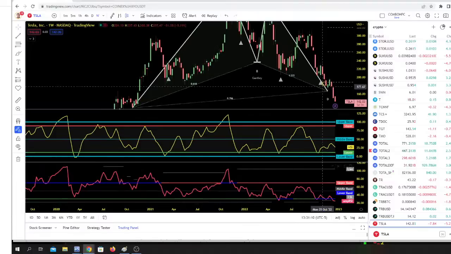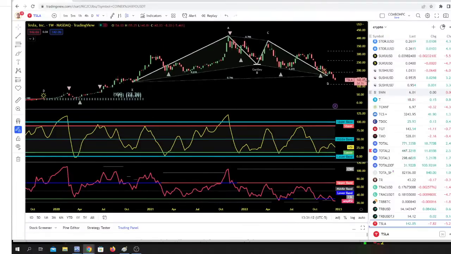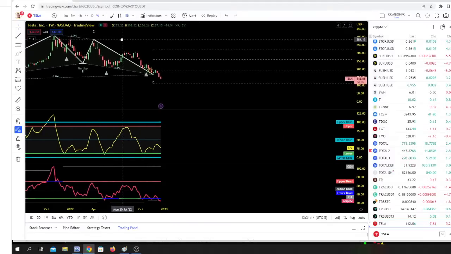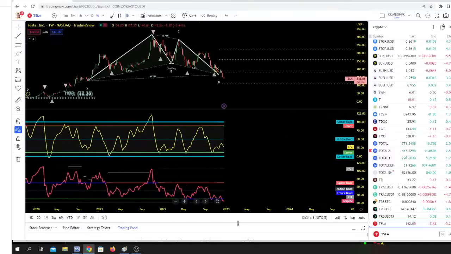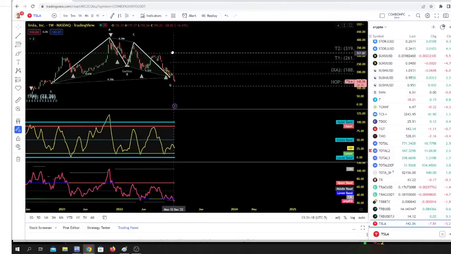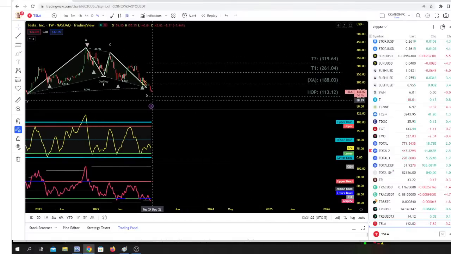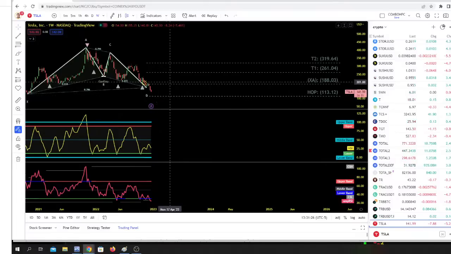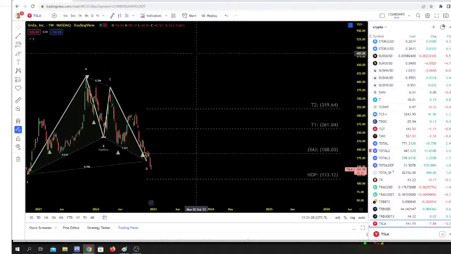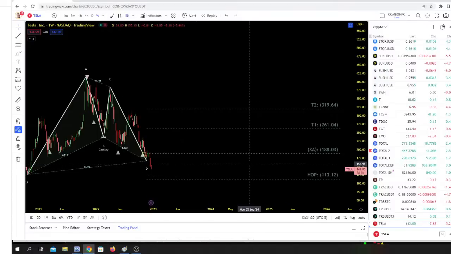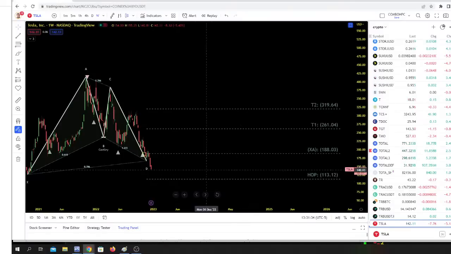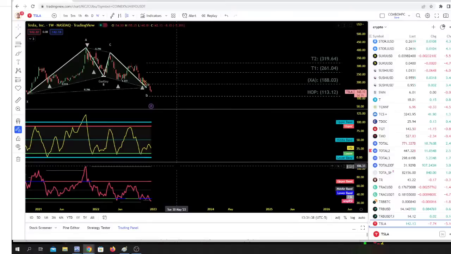I just don't want to see Apple again take out 127, or I think the larger indices are going to get hit. Tesla doesn't have nearly the influence as say Apple, but I think we could look at Tesla at this hop level at 113 to happen before the end of next week, by the end of the year, or certainly first week of January, if this just does a week over week free fall into the zone.